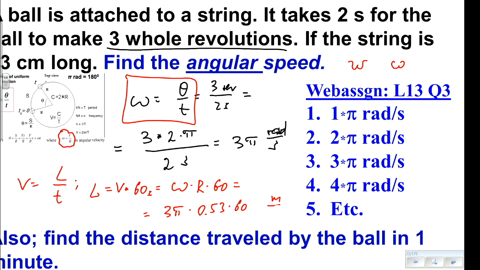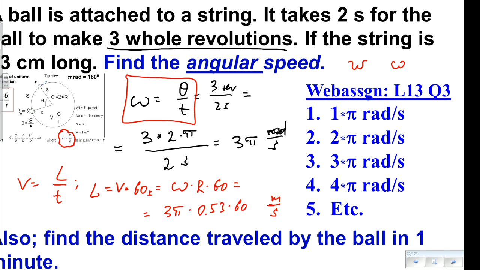And this calculation is an illustration of why we have to use radians. We cannot use degrees. When we use radians, the result automatically is in meters per second.